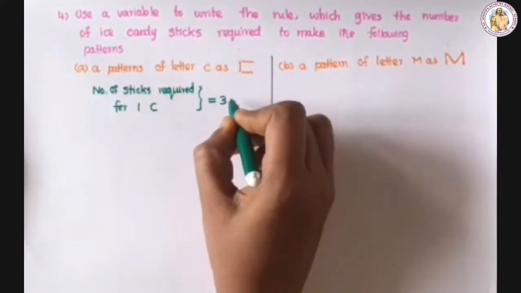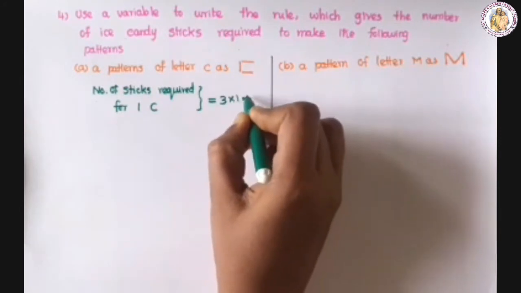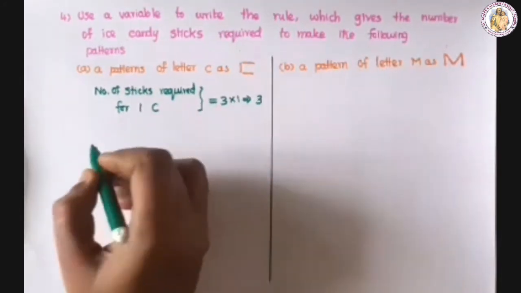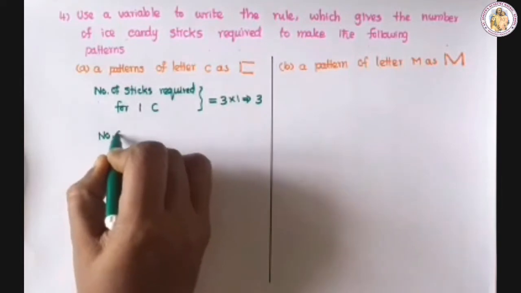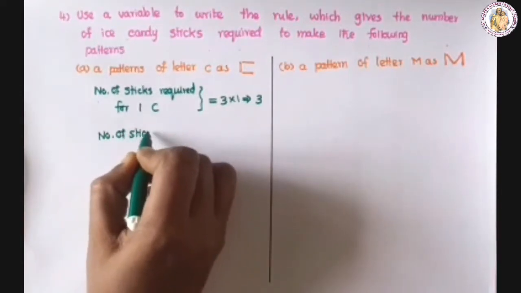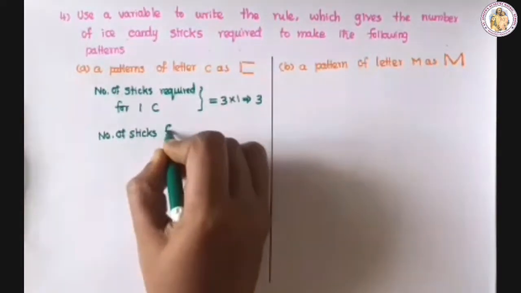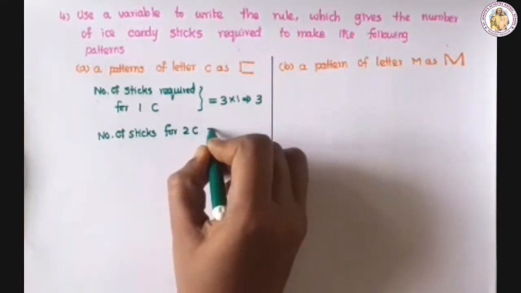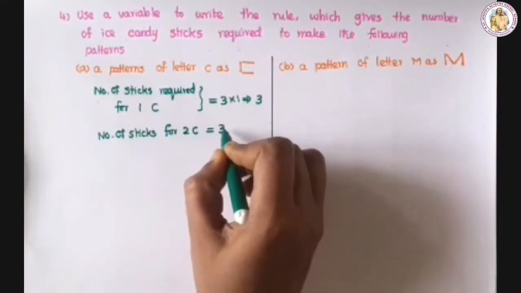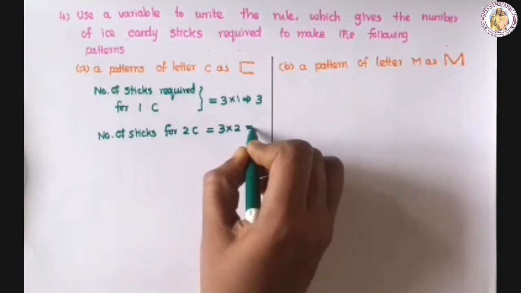So, 3 into 1, that is equal to 3. Next, number of sticks for 2C equal to 3 into 2, that is equal to 6.